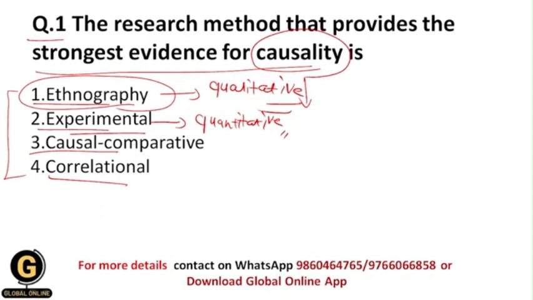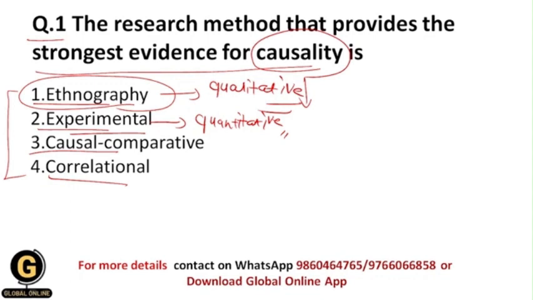Basically here within the experimental method, we test the cause and effect relationship between the variables, and we get the strongest evidence in this kind of research, because we test the hypothesis by using different statistical techniques, and finally we get the results based upon our observations and proper evidence. And that's why the experimental method gives us the strongest evidence for causality.